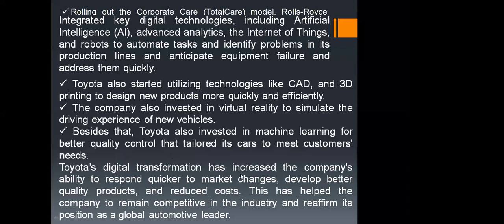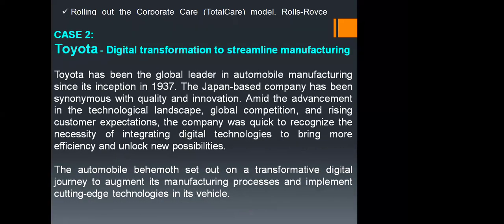Toyota's digital transformation has increased the company's ability to respond quicker to market changes, develop better quality, and reduce cost. This helped the company remain competitive in the industry and reaffirm its position as a global automotive leader. So Toyota uses digital transformation and the technologies of Industry 4.0 to streamline the manufacturing of vehicles.